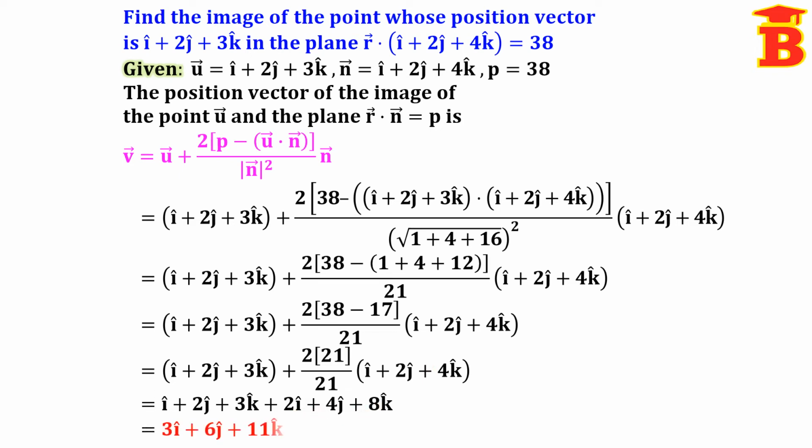Now the final answer is that i plus 2i is 3i, 2j plus 4j is plus 6j, 3k plus 8k is plus 11k. So the answer is 3i plus 6j plus 11k.